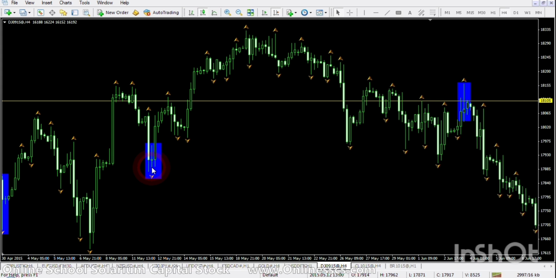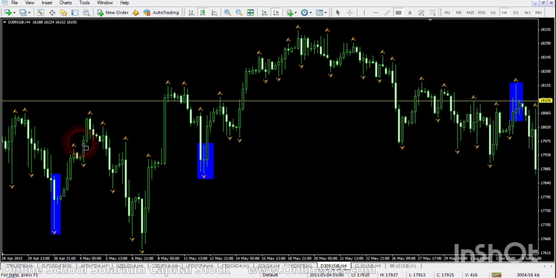you see here we have a doji, a really small body and two long shadows. See what a good signal it has given us.